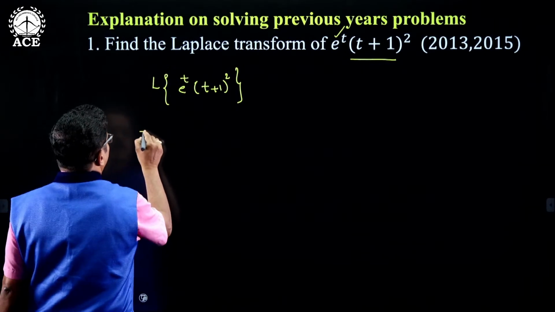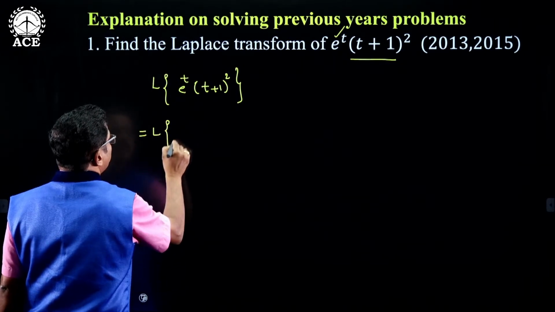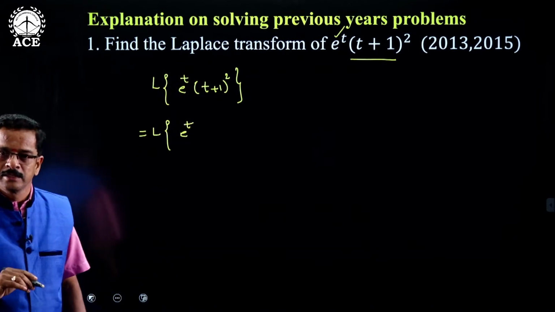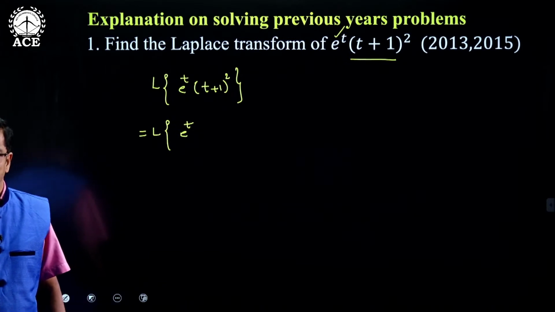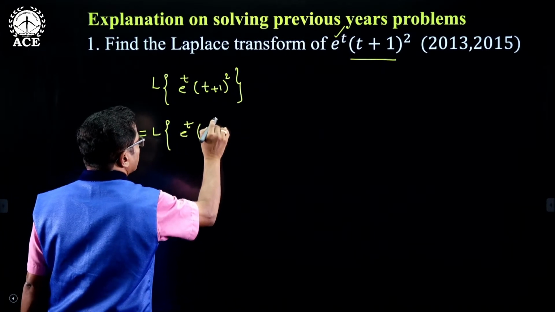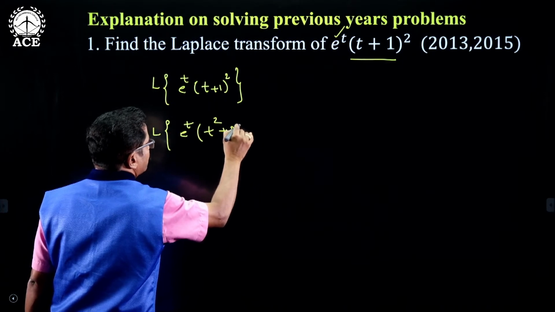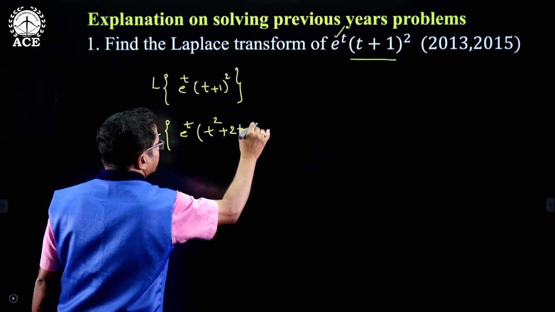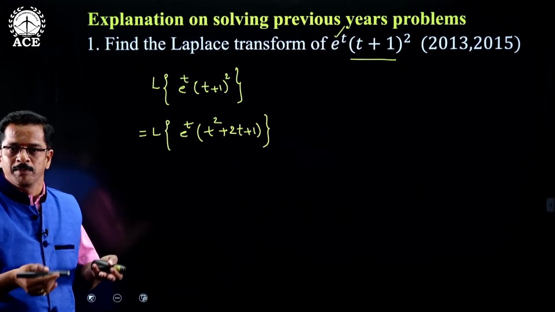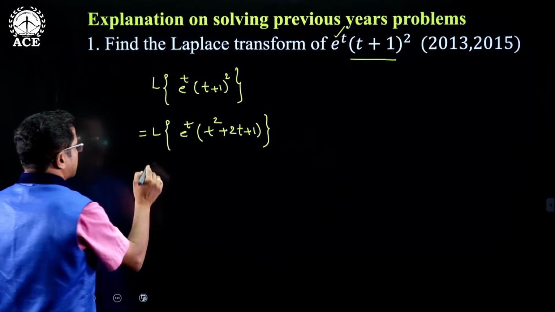So for L of e power t, I expand it to reduce into linear form. t plus 1 whole square is t square plus 2t plus 1, applying a plus b whole square equals a square plus 2ab plus b square.